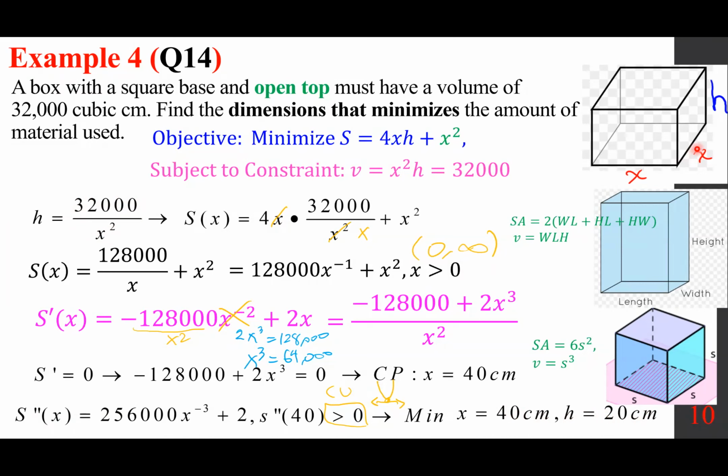So it's 40 by 40 by 20. Now, we want the dimensions and we are done. But if they ask what is the surface area, we're going to replace the X with 40, H with 20 into this, and it results in 4,800 centimeters squared.